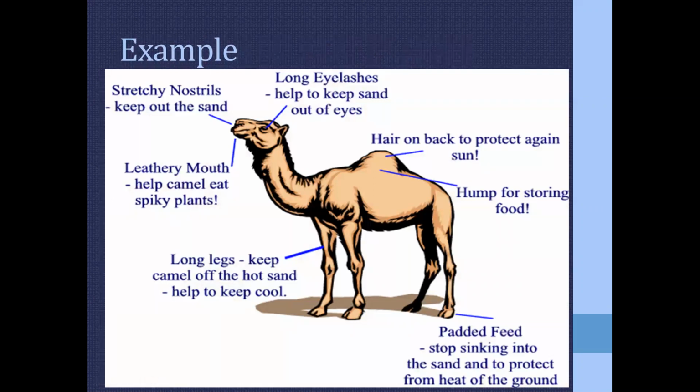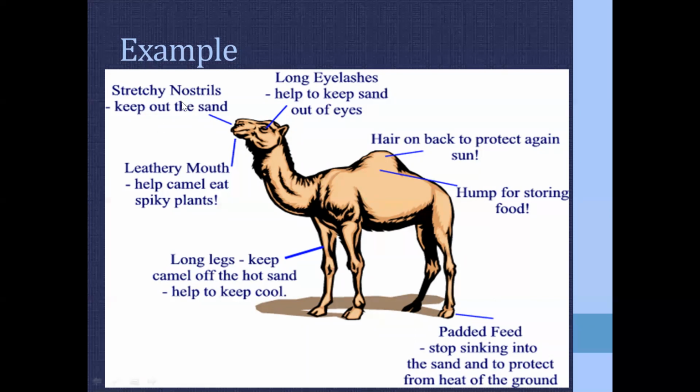Yes, this is a very common example of the desert animals. Now I'm sharing, students, how within a camel's structure, what special features are helping this animal to live a long time in the deserts.